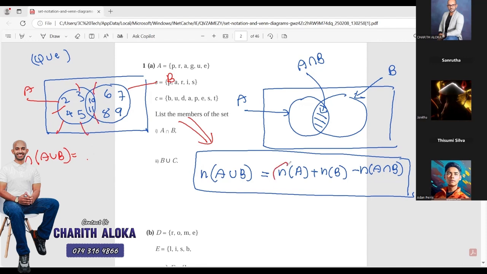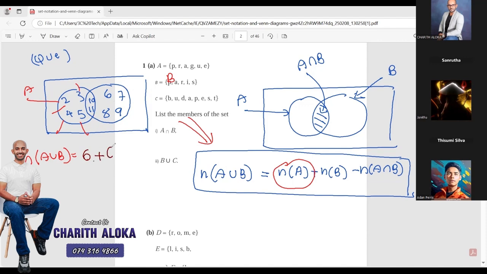For A we can get 6 elements. For n(B), we can find 1, 2, 3, 4, 5, 6. For B also we can find 6 elements. The set B also contains 6 elements.